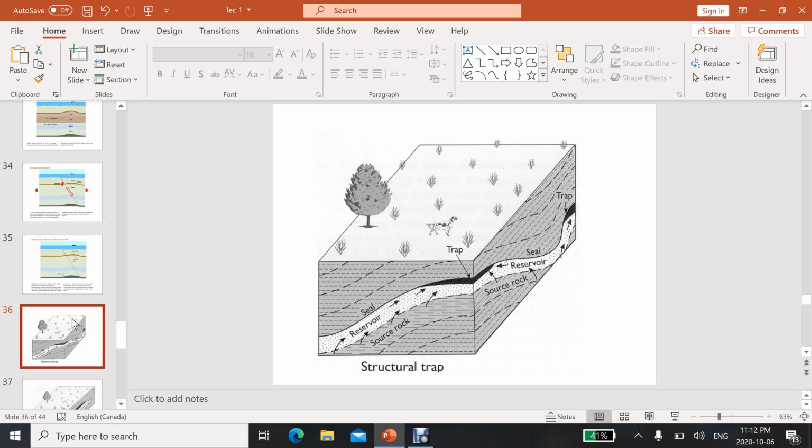Okay, here is another example, just to give you some idea that these traps can also be observed in land areas.